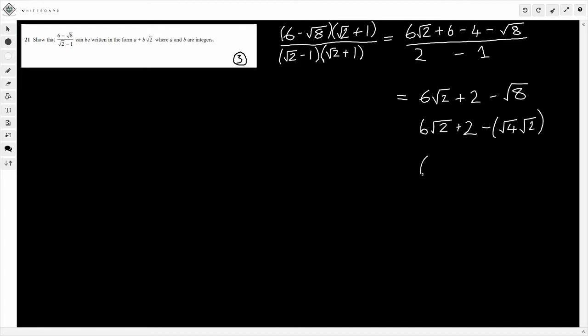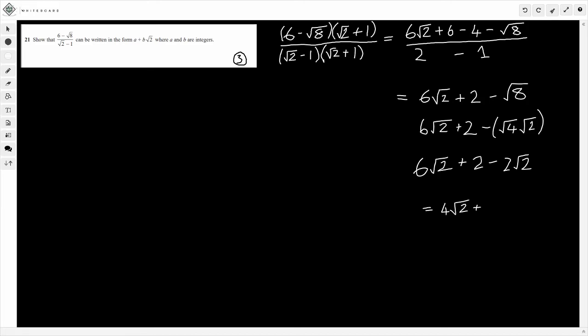So this is 6 root 2 plus 2 minus 2 root 2. Then when we simplify that, if you've got 6 lots of root 2 and you take another 2 lots of root 2 off, that gives us 4 root 2 plus 2.